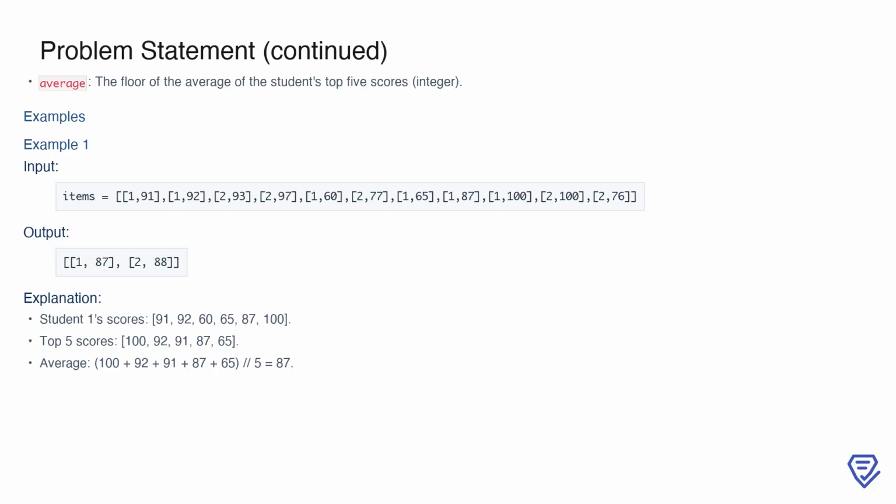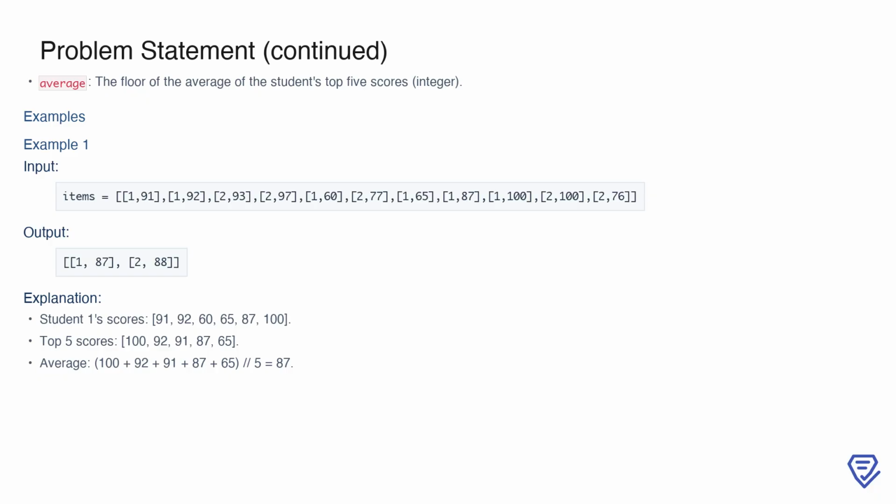For student 1, their scores are 91, 92, 60, 65, 87, 100. Out of these, the top 5 scores are 100, 92, 91, 87, 65. When we calculate the average of these top 5 scores, we get 100 plus 92 plus 91 plus 87 plus 65, //5, which equals 87.